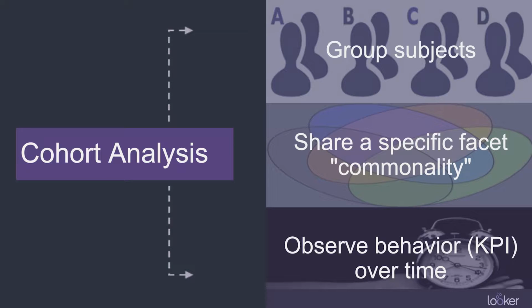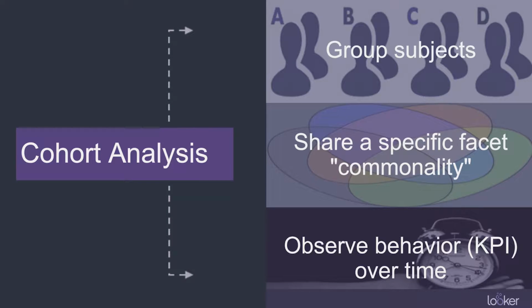So there's some key performance indicator, something that you're tracking that they're doing, in a time series based way. Whether it's the spend or the average order value on your website, the progression through levels of a game, their social interaction or their engagement with your platform. It's just something that they're doing that you're tracking amongst these groups that share these commonalities.